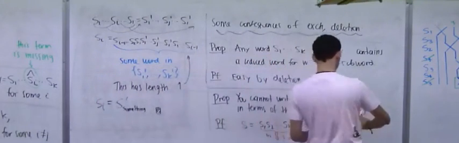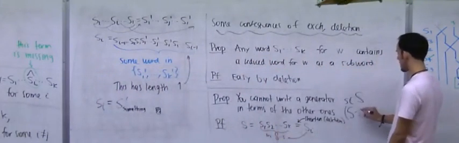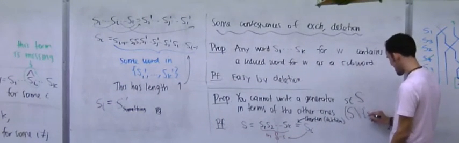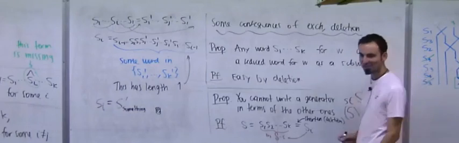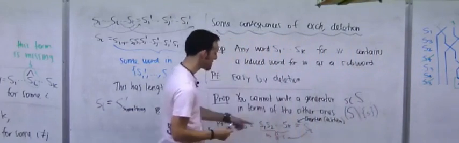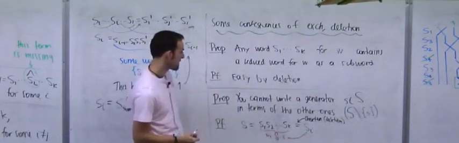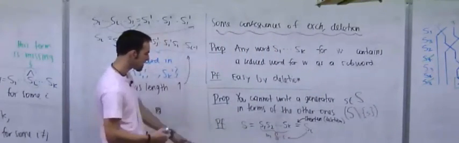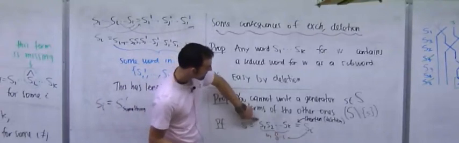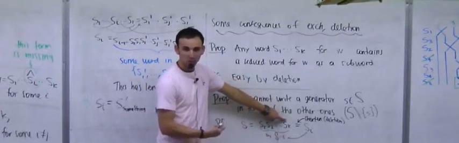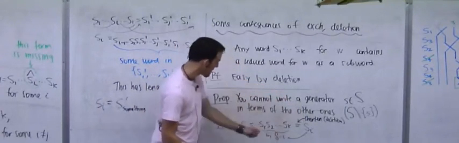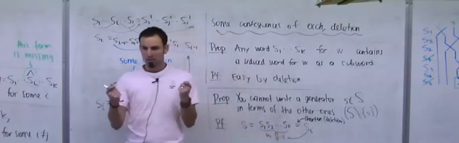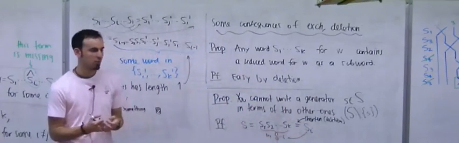I guess I'm being a little bit sloppy. I mean S minus little s. So I just mean the other ones. I cannot write one of the generators in terms of the other ones. The reason is that if I could, I would take this expression, shorten it to the correct length, which is 1, and I would obtain an equality s equals si. So what I would obtain is that two of my generators are equal to each other.